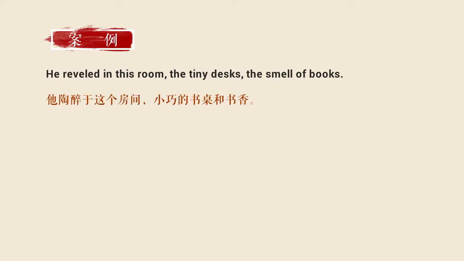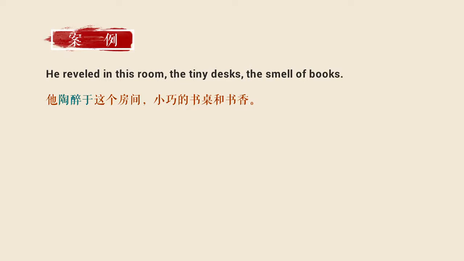For example, he reveled in this room, the tiny desks, the smell of books. We can translate the sentence into 他陶醉于这个房间小巧的书桌和书香。陶醉于 is a commonly used Chinese expression. In the translation, the part that follows the expression is a bit too long.